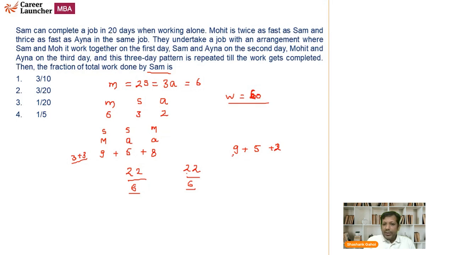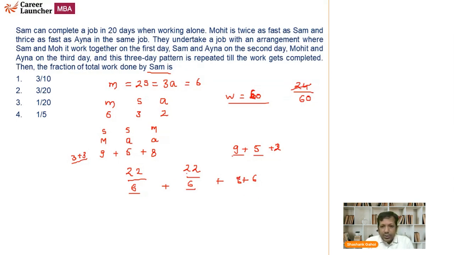On this day, Sam is working. So how much is he going to do? 6 units. On this day, Sam is working. How much is he going to do? 6 units. So how much is Sam doing? Sam is going to do 24 units out of how much? 60. Right.